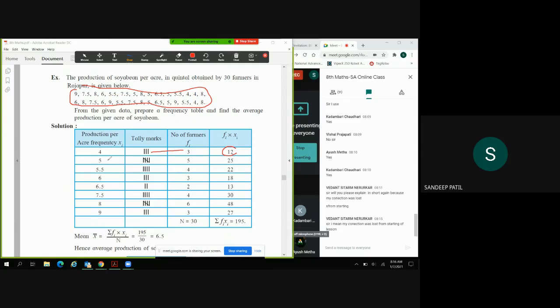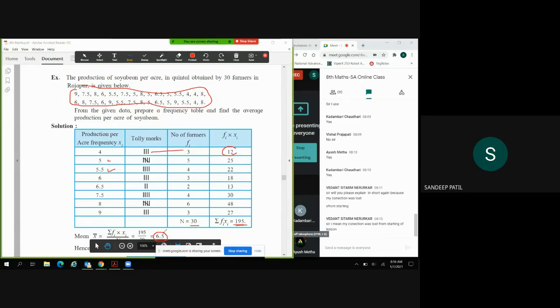So for each number like 4, 5, 5.5, we counted those numbers in this data and came up with the product, and at the end we added all these numbers, and then divided this addition by the number of farmers, right, and we get the mean.